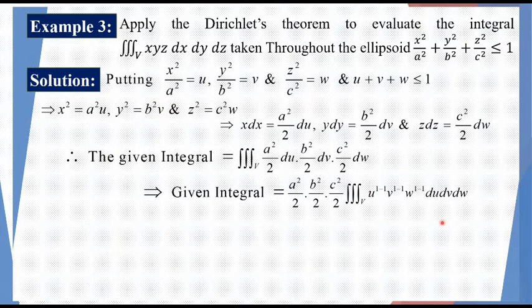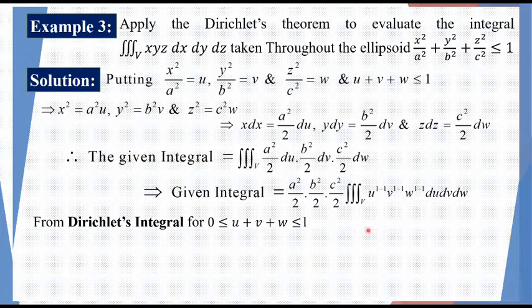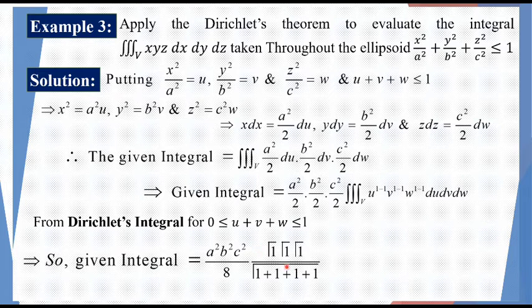So now we can apply Dirichlet's formula for u plus v plus w lying between 0 to 1. So a square, b square, c square upon 8, and gamma 1, gamma 1, gamma 1 upon gamma of 1 plus 1 plus 1 plus 1, and h is 1.